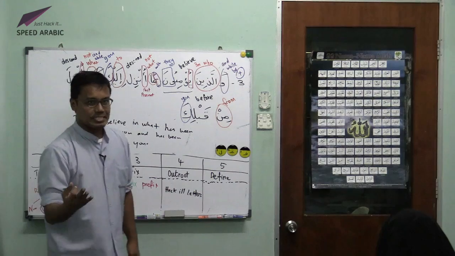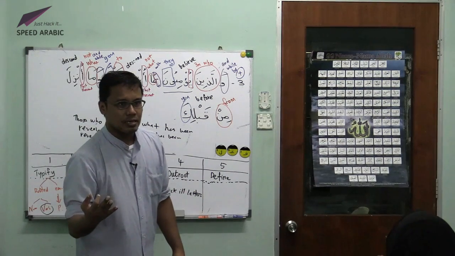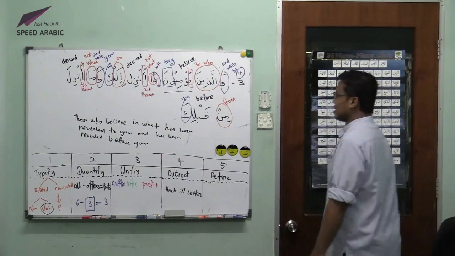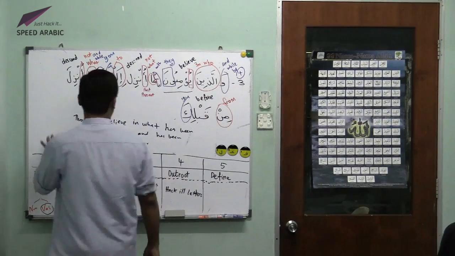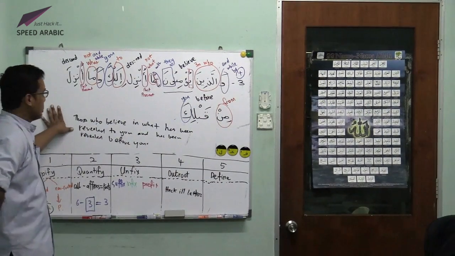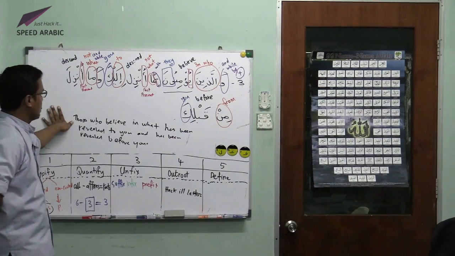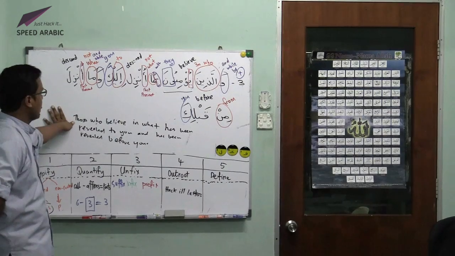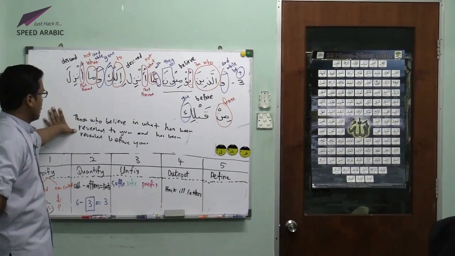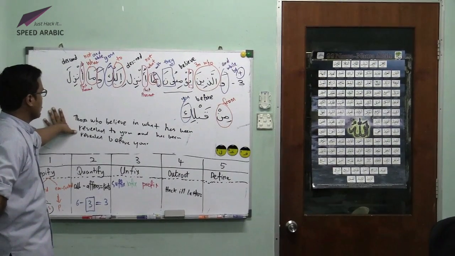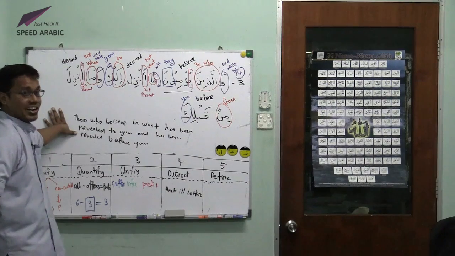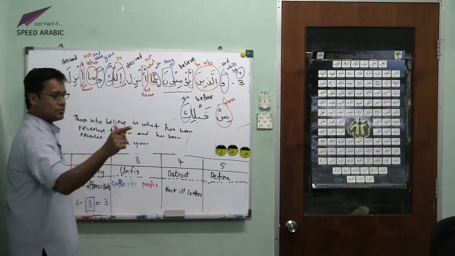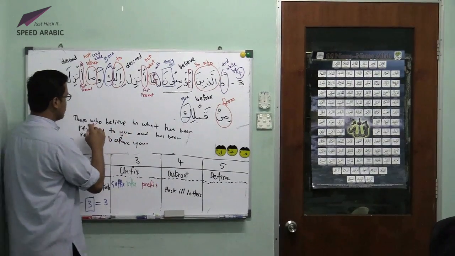Once you do that, what's the third step? You verify or you check. So you check. Someone read to me that. Those who believe in the revelation sent down to you, and in what was sent before you. Nampak? So I will just write the difference. You read again. I will write the difference.